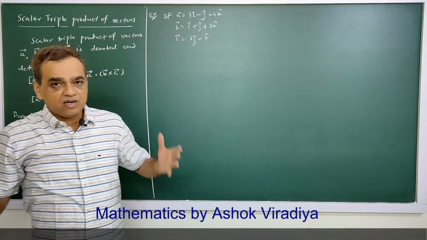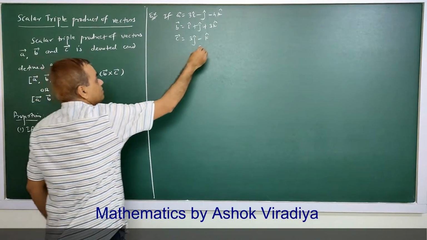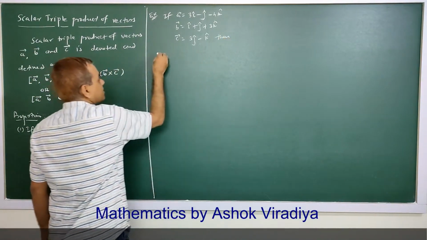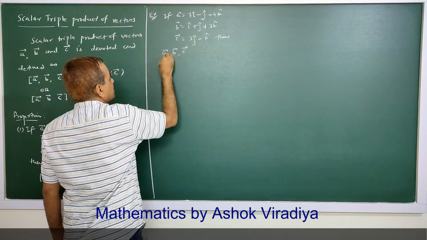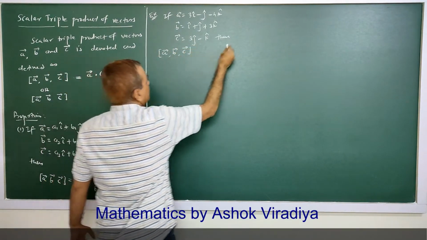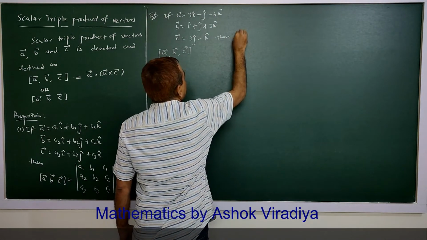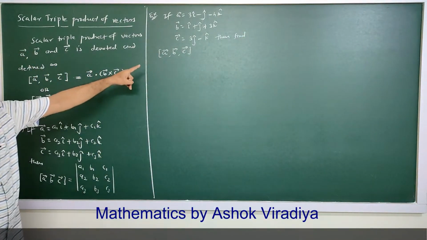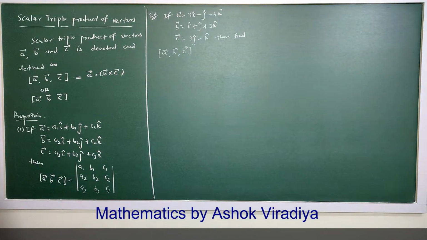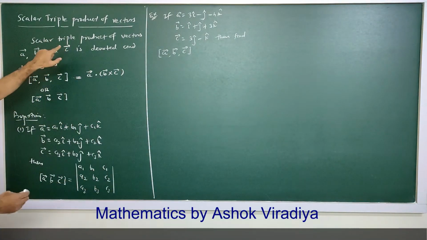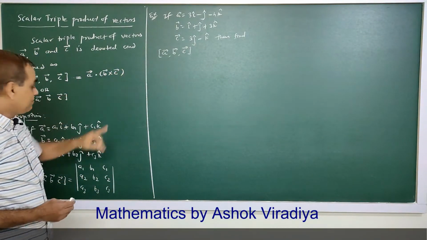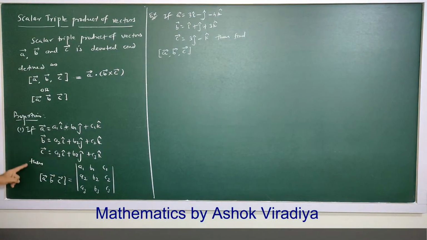These are vectors, and suppose we are asked the scalar triple product of these three vectors. Question is, find the scalar triple product of these vectors. So whenever we want the scalar triple product of three vectors, we use this property, because here components are given.